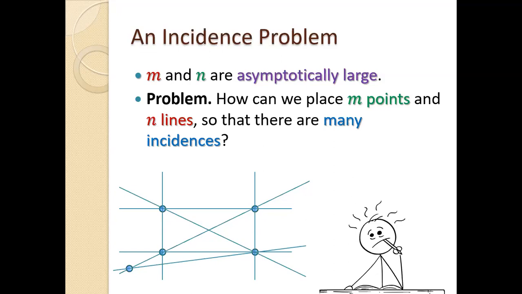You understand the problem? You can take your time, not in a rush. What might be a nice way to arrange many points so that you can put lines that form many incidences? I'm just asking for a guess. It's a very hard problem. You're not expected to completely solve it now in any way.